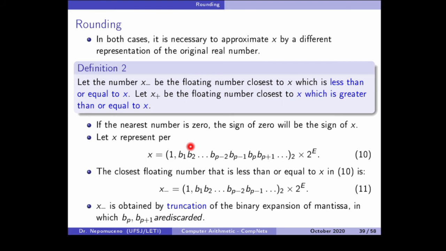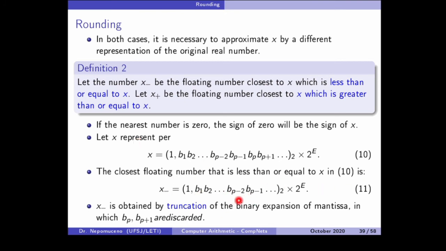Let x plus be the floating number closest to x, which is greater than or equal to x. If the nearest number is 0, the sign of 0 would be the sign of x. This is equation 10 here, so this is just the number. The closest floating number that is less than or equal to x is 10.